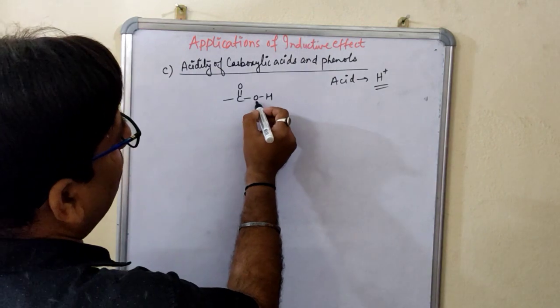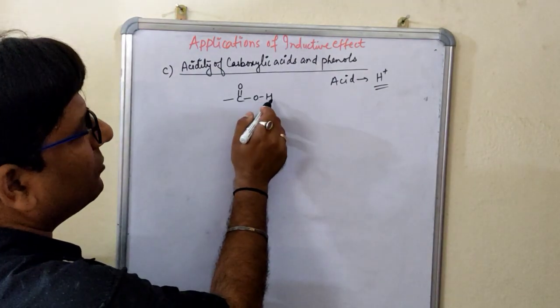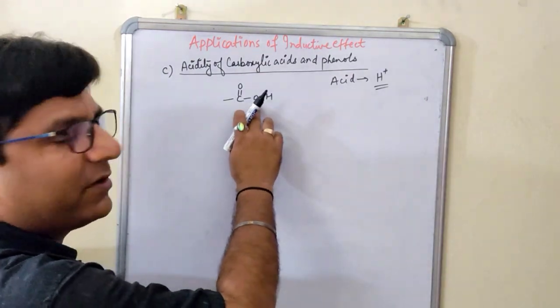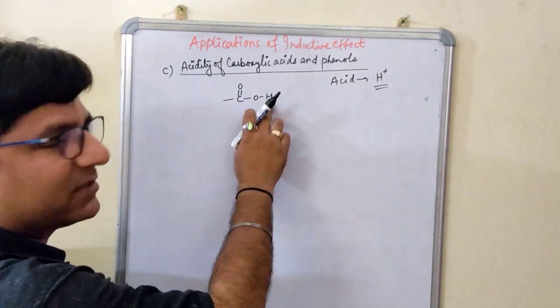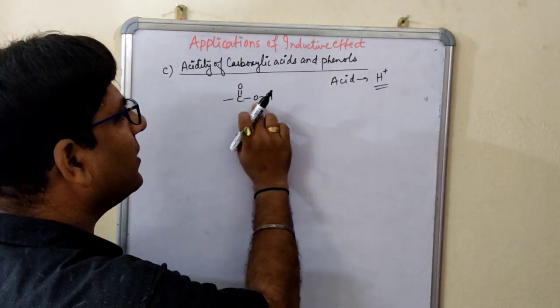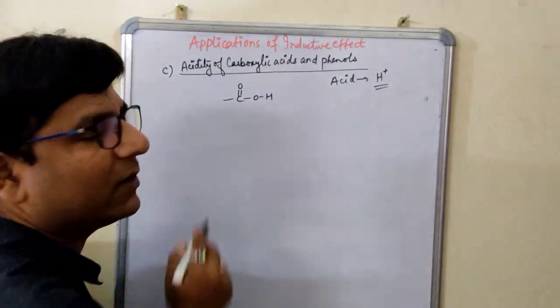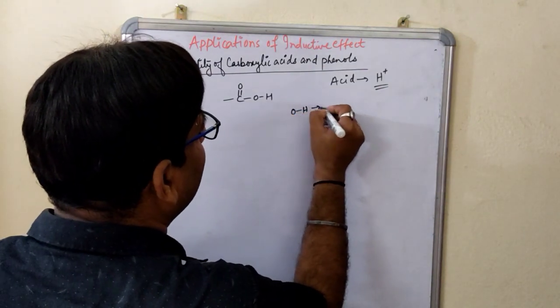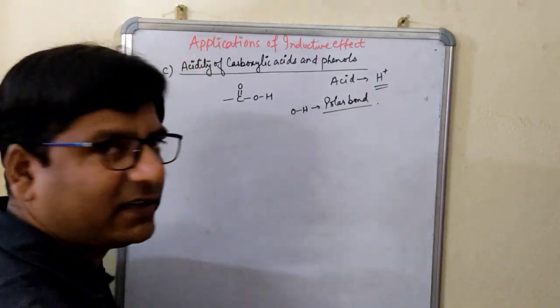Now here you are seeing this OH group. This O oxygen is directly linked to this hydrogen. You know the electronegativity of hydrogen is 2.1 and this is what, 3.5, right? Means this is more electronegative than compared to this. So the difference of the electronegativity between the oxygen and the hydrogen, it is making this bond a polar bond. Means here you can write that the OH bond is what? That is the polar bond, right?